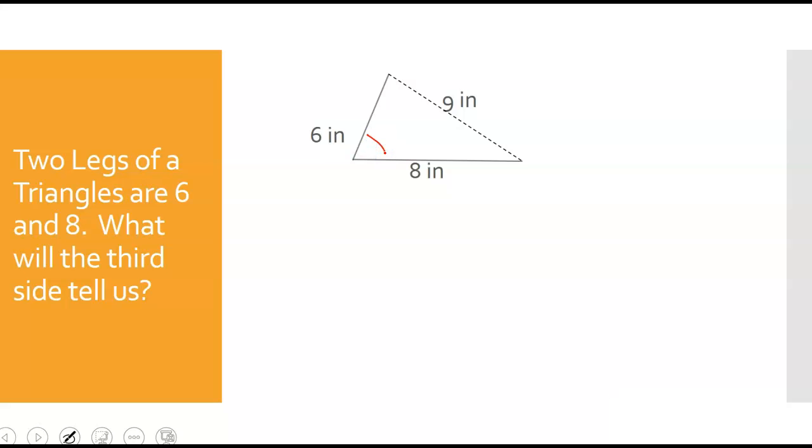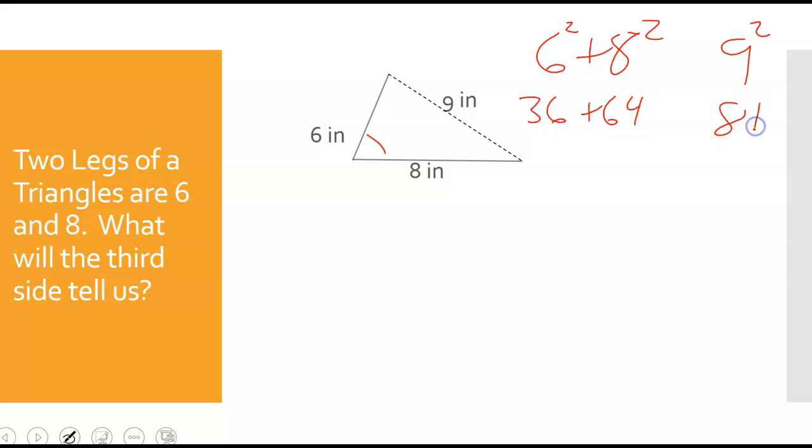If we look at this, now the angle is an acute angle. It's an acute triangle, which means that 6 squared plus 8 squared and 9 squared are not equal to each other because it's not a right triangle. But 6 squared is 36, and 8 squared is 64, and 9 squared is 81. Well, 36 plus 64 is 100, which is greater than 81.